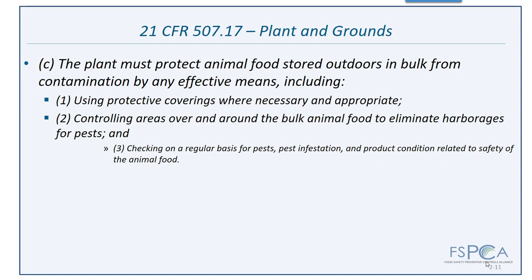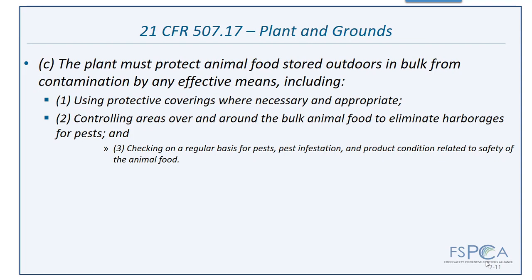Controlling areas over and around the bulk animal food to eliminate harborage of pests, and checking on a regular basis for pests will be important as well. So if you're in an animal food facility that does store ingredients outdoors, you're probably familiar with all of the pests and pest infestation that could come along with that practice.